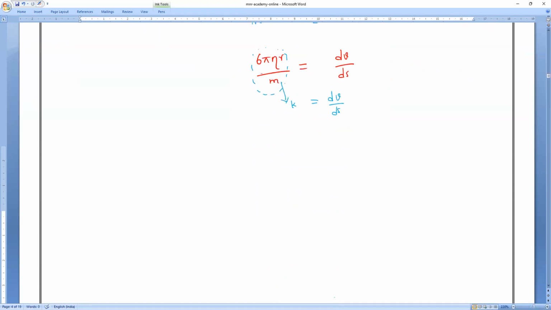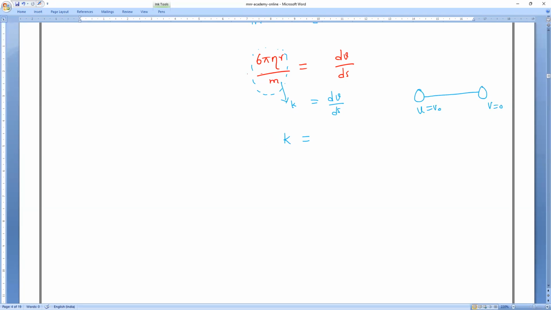Now, the object is going to come to rest, which means its velocity is decreasing. Decreasing means negative or positive? Negative.